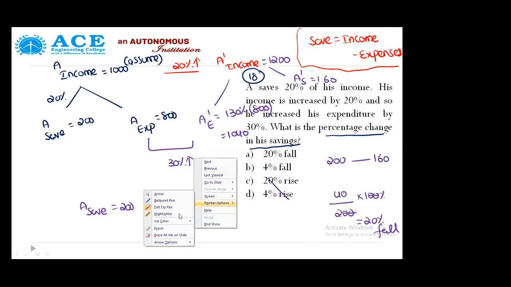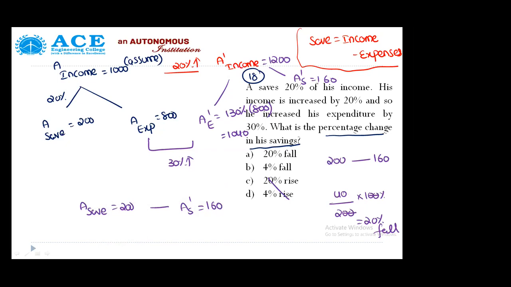Guys, it's not a 4% fall, it's a 20% fall. The fall is decided, but how much percentage is this? I don't know what the income is. You can assume some value. I can see many of you mentioning a 4% fall or 4% rise, but this is a 20% fall.